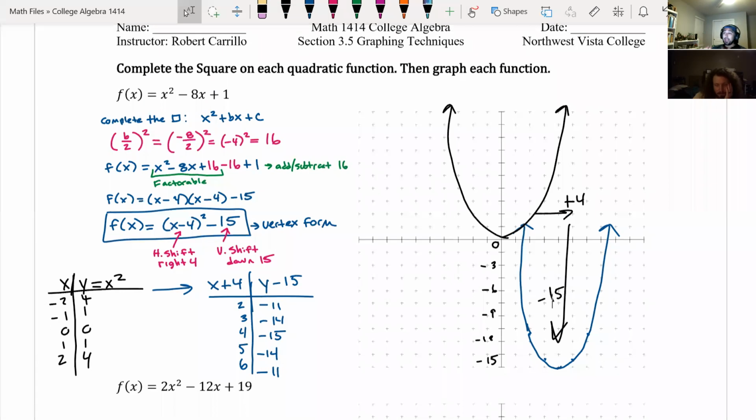So any questions on that process, including the completing the square process? Man, everybody's got this, huh?